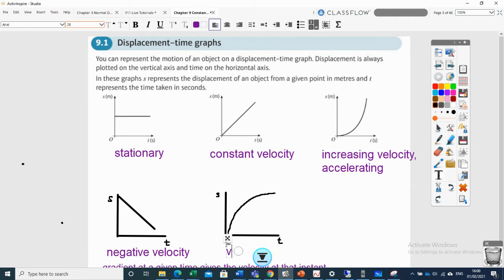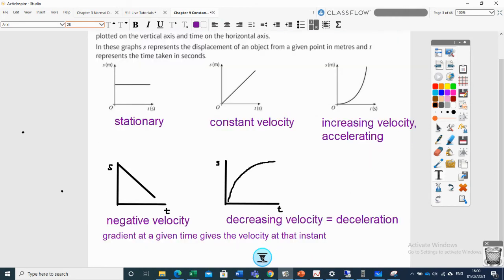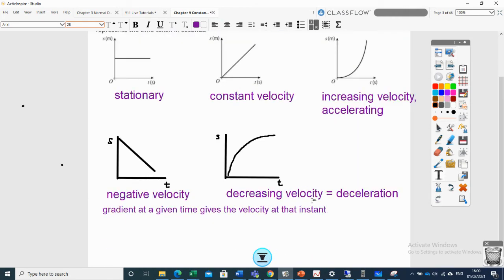So velocity is decreasing. And we call this deceleration. The other way that you can talk about that is negative acceleration, which would be the same as deceleration.